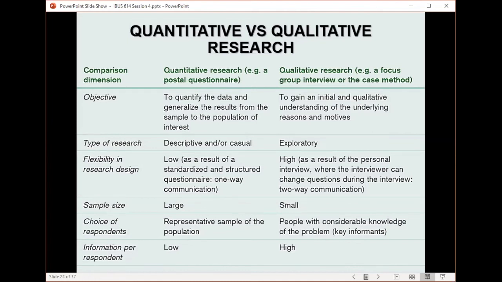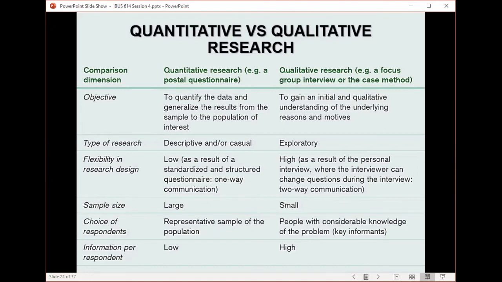However, with qualitative research, there's a high level of flexibility because of the two-way communication that takes place in the research process. There's dialogue between the interviewer and the interviewee. So when the interviewer asks the interviewee a question and he gives a response, the interviewer can quickly go back with a follow-up question or ask for further clarification in instances where the response that was given does not provide an adequate response to the question that was asked.